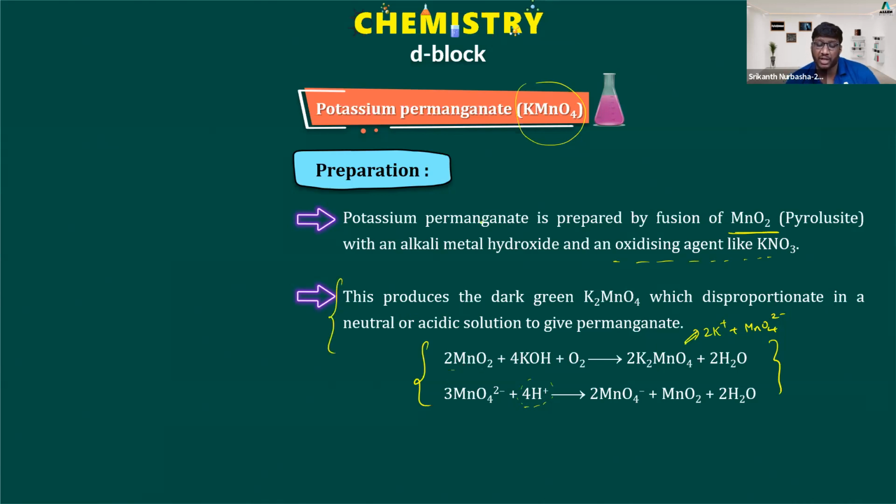Potassium permanganate is prepared by the fusion of MnO2 pyrolusite with an alkali metal hydroxide and an oxidizing agent like KNO3. This MnO2 is converting into K2MnO4. That K2MnO4 in the acid medium converts to MnO4- and MnO2 back. This is nothing but your permanganate ion.